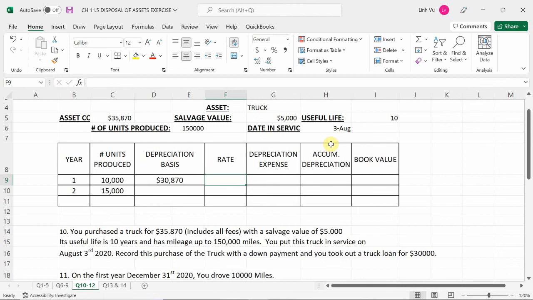How do I solve for my per unit rate? It's not the same thing as depreciation rate. This is a per unit rate. I want to know how much it's going to cost me for every mile that I drive. You still would be doing the 1 over the estimated useful life? No, it's not the same thing as the other two methods that we looked at, right? It's not the same as the depreciation rate. This is a per unit rate.